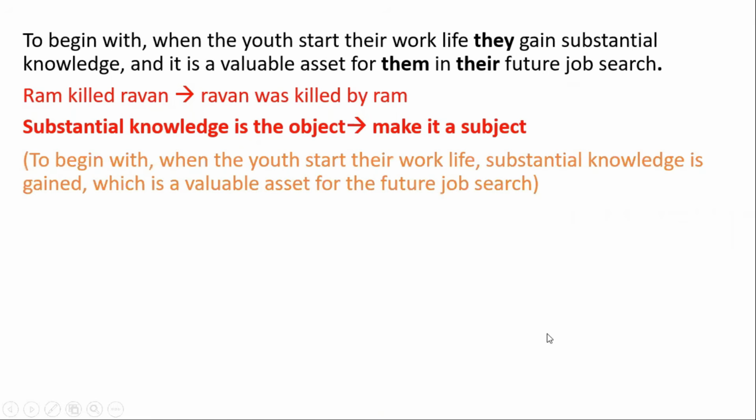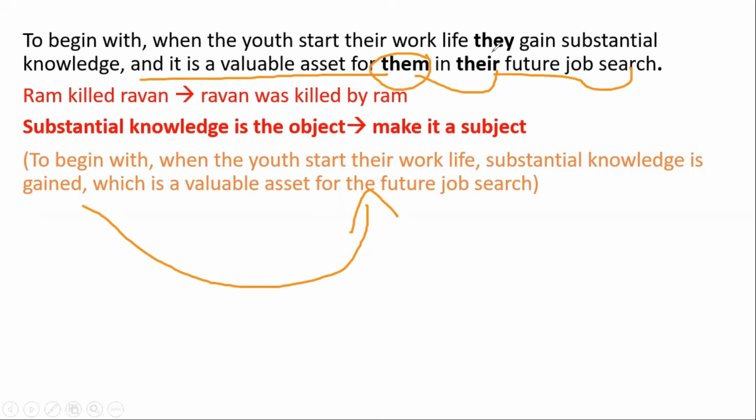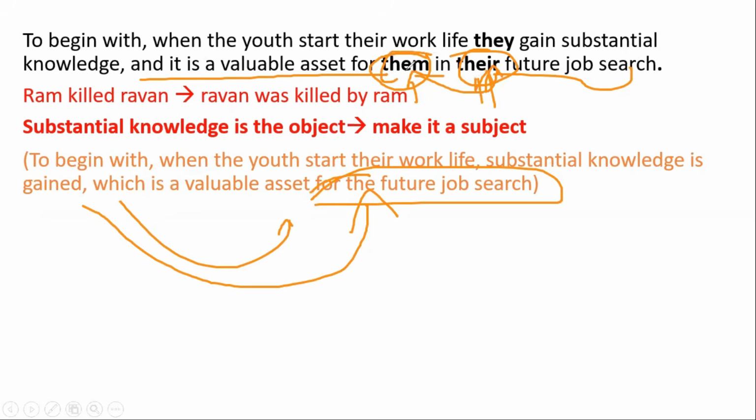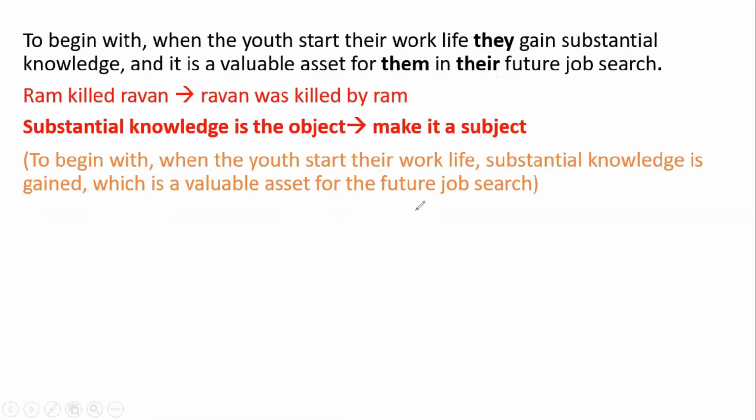Very simple to begin with: "When the youth start their work life, substantial knowledge is gained, which is a valuable asset for them in their future." You don't have to worry about all these things. Sometimes not writing a lot of this will actually get you more score. I don't have to use "they" and "them" again and again. It just annoys whoever the reader is.